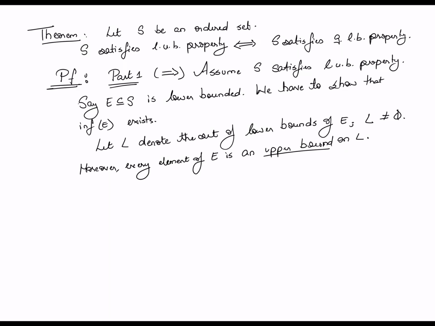So I have assumed that S satisfies the LUB property and I have defined this set L which in fact has an upper bound. So by the LUB property, the sup of L exists.